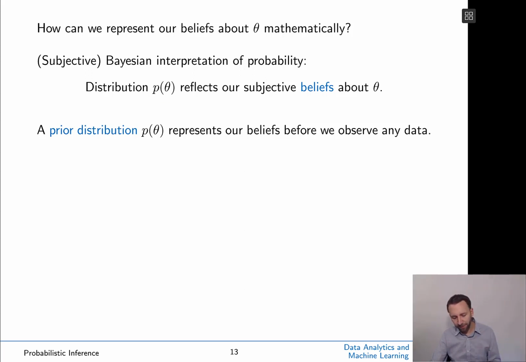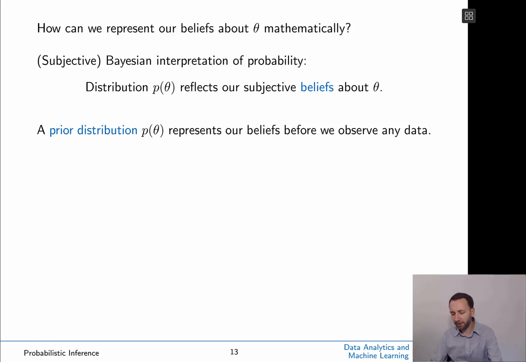This P of theta is called the prior distribution, and it represents what we think about this theta, so what we think about how a coin behaves. Remember, theta is how the coin behaves, like 70% tail, 30% head. And this is what we think about a coin before we have observed any data.